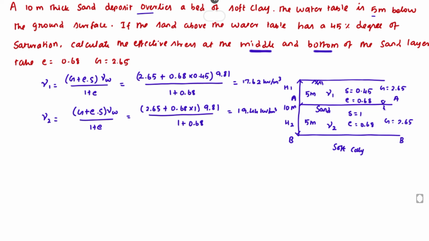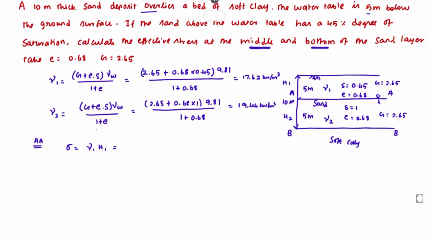Now we can easily find the effective stress at the middle and the bottom of the layer. Taking the middle of the layer at AA, the total stress sigma equals gamma 1 into H1, because stress equals load by area, in kilonewton per meter square.